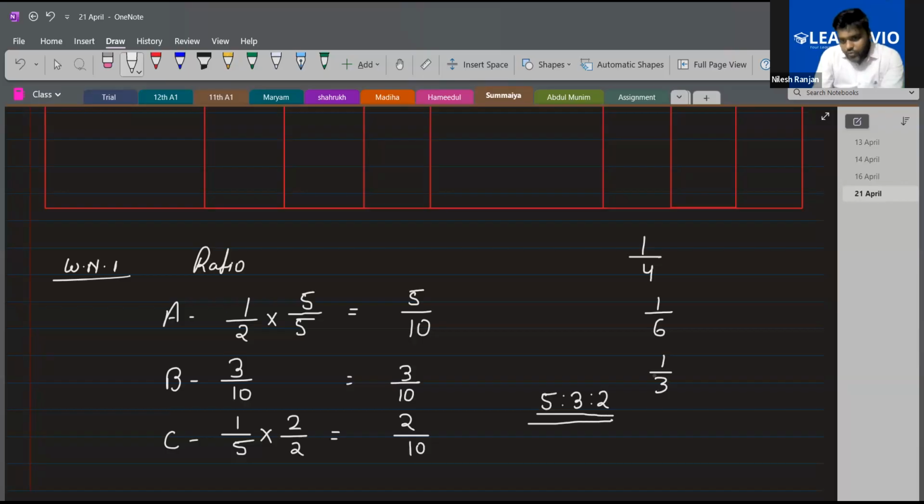Now, you can convert this into 6, but not 4. So what will happen then? We will find a common denominator, a common number, which will be divided by all these three. So I think it is 12. So we will get 3/12, 2/12, and 4/12.